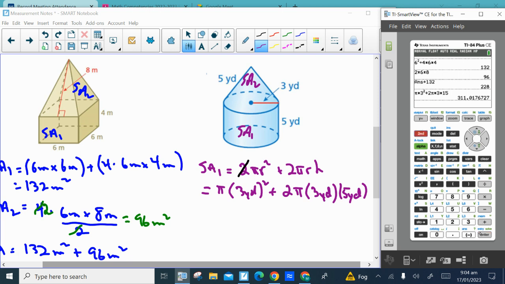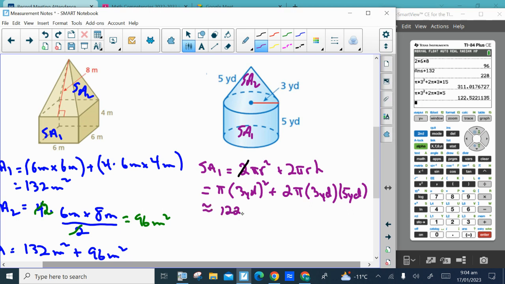So let's fix that. Should just be 3 times 5. So we'll delete that. There we go, that's better. Pi times 3 squared plus 2 pi times 3 times 5 is 122.5, which is rounded, and that is in square yards.